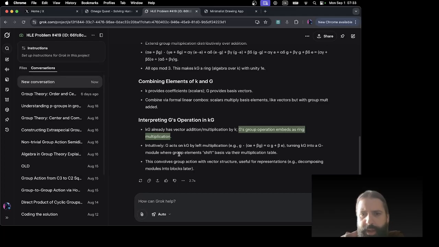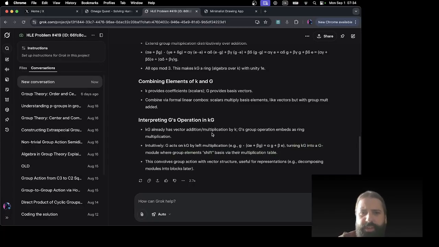Intuitively, G acts on KG by left multiplication. Turning KG into a module. So G times an element of KG, turning KG into a G module.